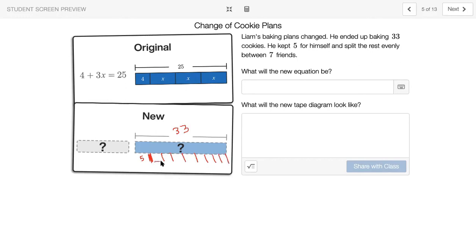Those are 7 sections, and each of those sections is x. I made an extra section, so I'm going to ignore that. So I have 7 sections plus this extra 5, which would give me the 33. So therefore I know that this would be 7x plus 5 equals 33.